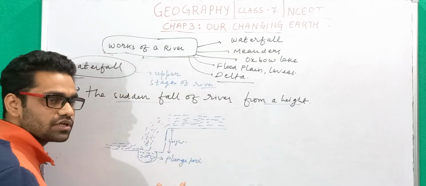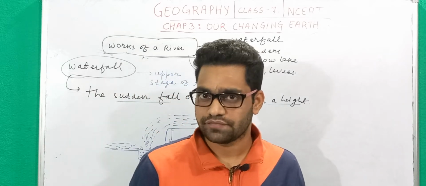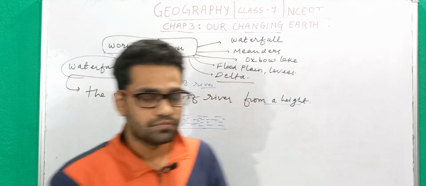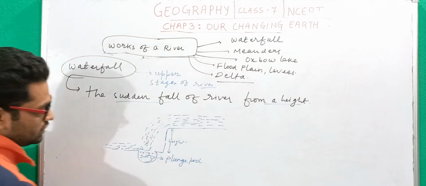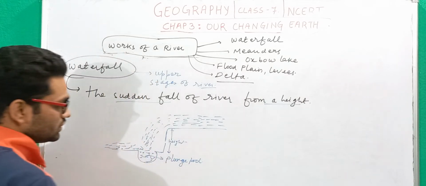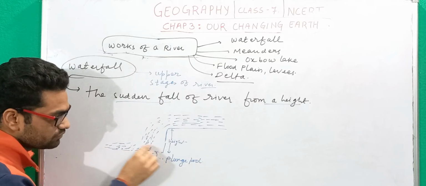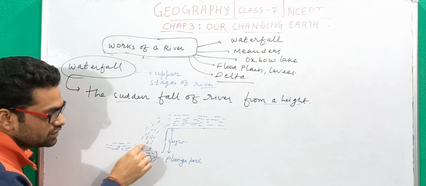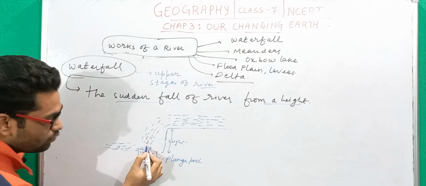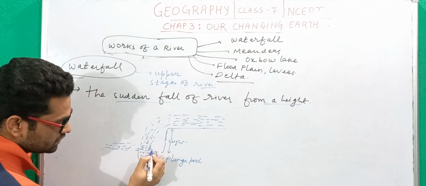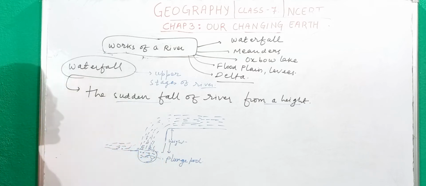If you ever get the opportunity to visit any waterfall, you must visit one, because we have lots of them in India. For example, we have the Jog waterfalls. You will find that there are barricades around this Plunge Pool, meaning around the area where the waterfall is striking the ground. Why is this area often protected?